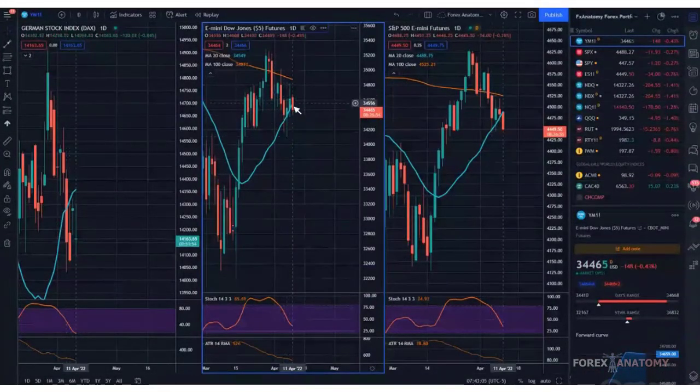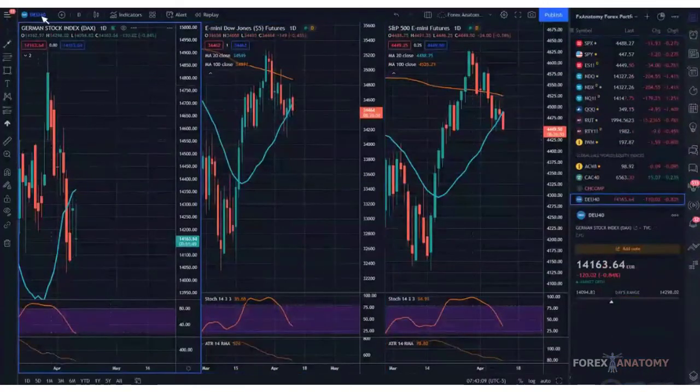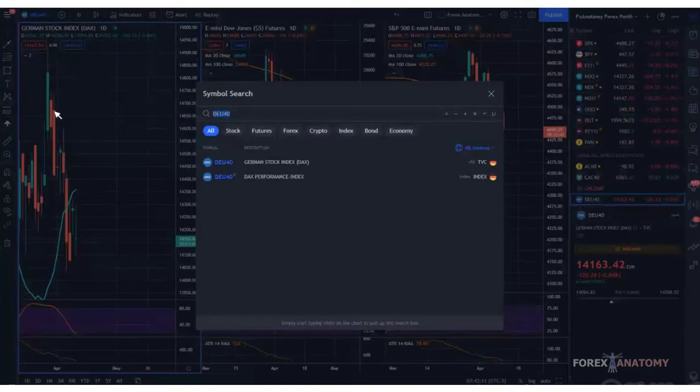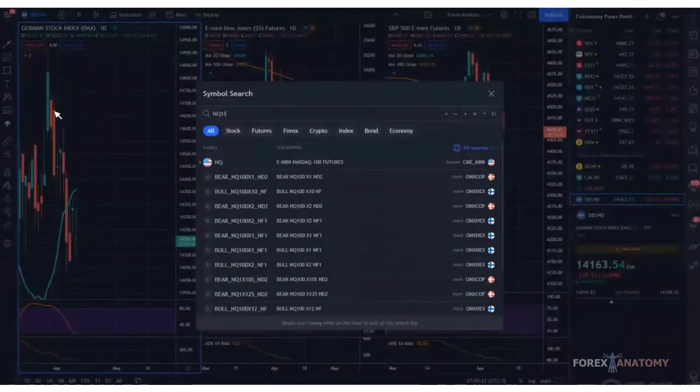For its daily candlestick, it's selling off. And let's go to the NASDAQ E-mini futures right here. We could go to the Russell too, but I think all of them are saying the same. And you can see here how the NASDAQ E-mini futures are selling off the most.